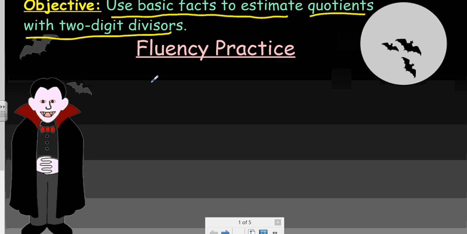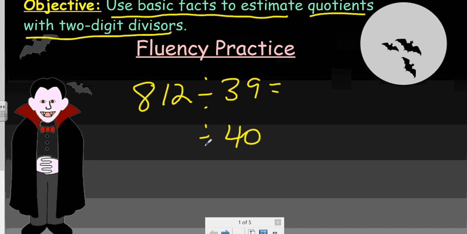We worked yesterday in yesterday's video. Let's just take a number like 812 divided by 39. Now, we're going to first do what we did before. Let's round the divisor to the nearest 10, and that would be 40. I know that's what you were thinking.